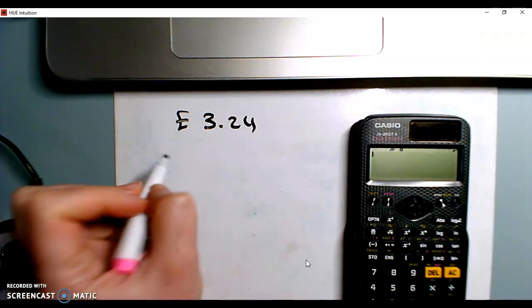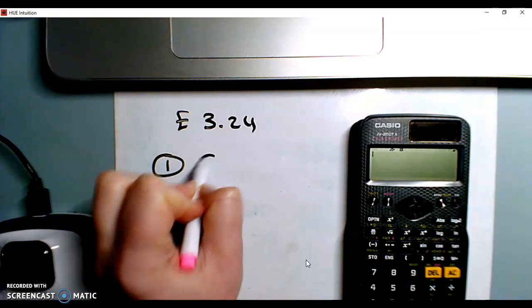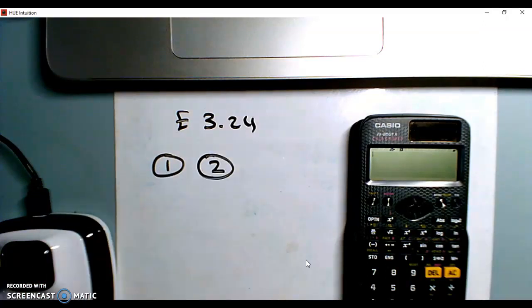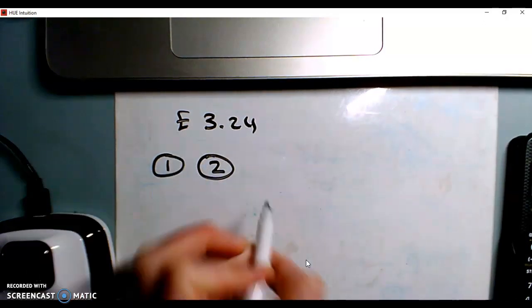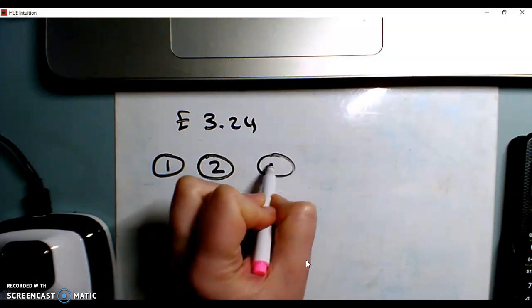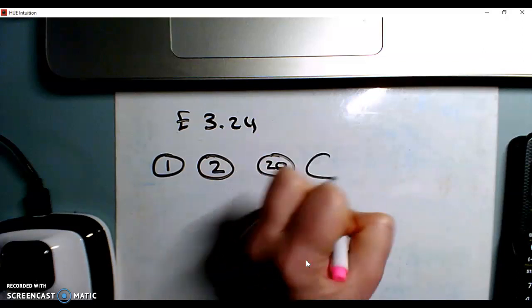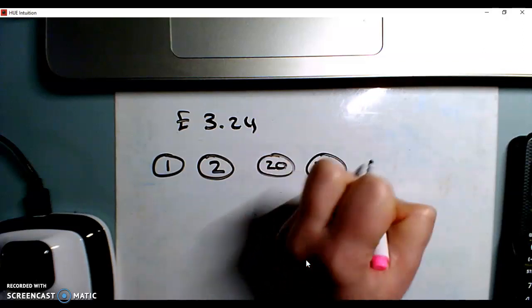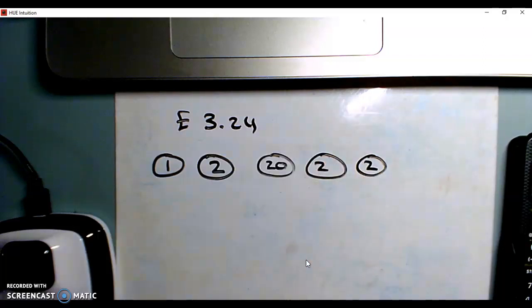So I could use a £1 coin, and I can use a £2 coin. So that will give me the £3. And then another option could be, well, now I need to have 20p, so I'll use 20p. And then perhaps I'll use two 2p coins to make the 4p. However, there's many other options.